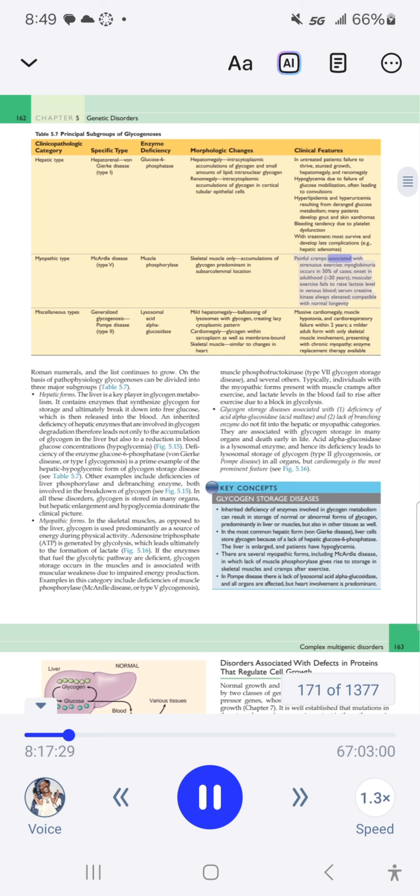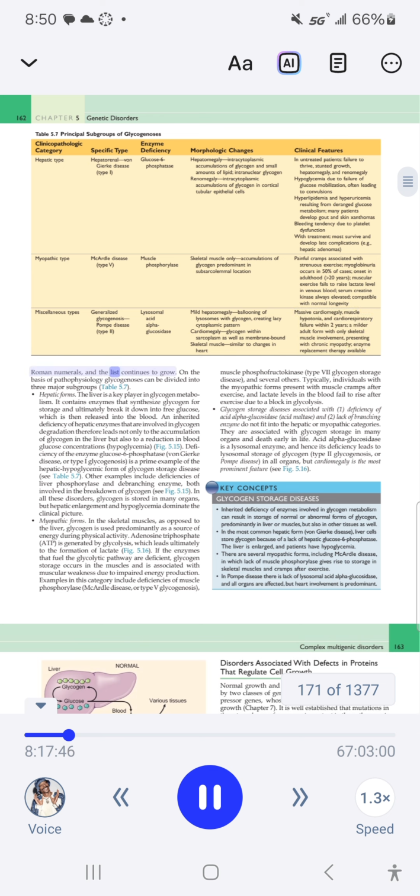Painful cramps associated with strenuous exercise. Myoglobinuria occurs in 50% of cases. Onset in adulthood, greater than 20 years. Muscular exercise fails to raise lactate level in venous blood. Serum creatine kinase always elevated, compatible with normal longevity. Massive cardiomegaly, muscle hypotonia, and cardiorespiratory failure within 2 years; a milder adult form with only skeletal muscle involvement, presenting with chronic myopathy; enzyme replacement therapy available.